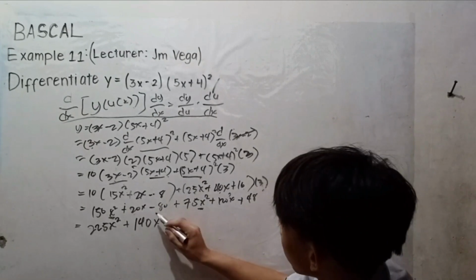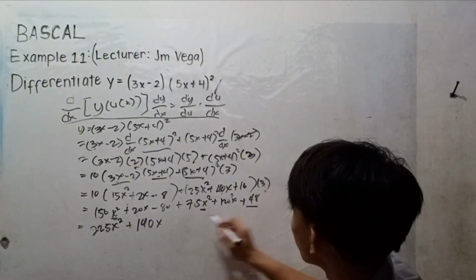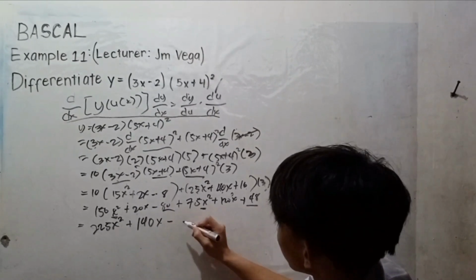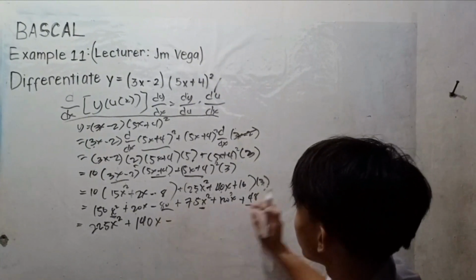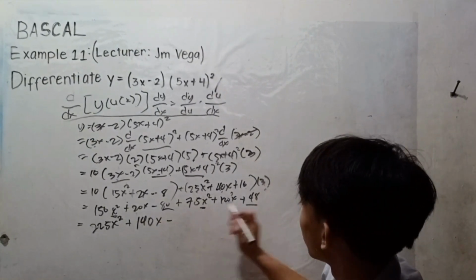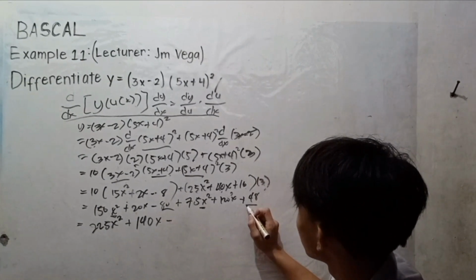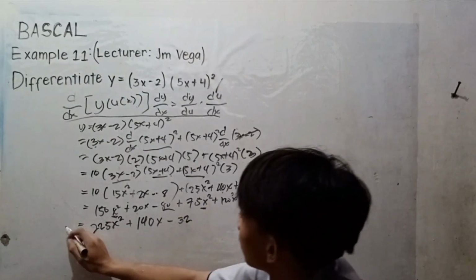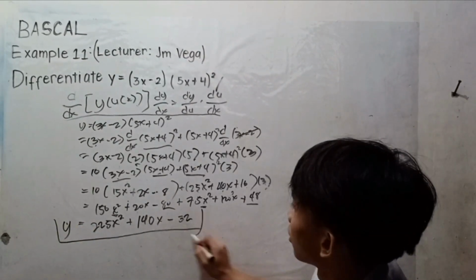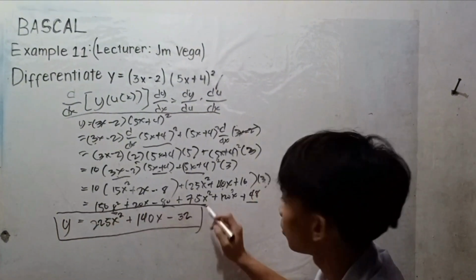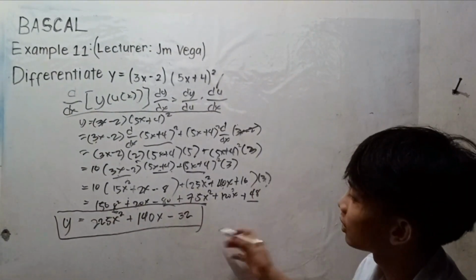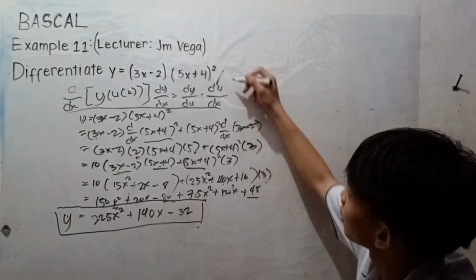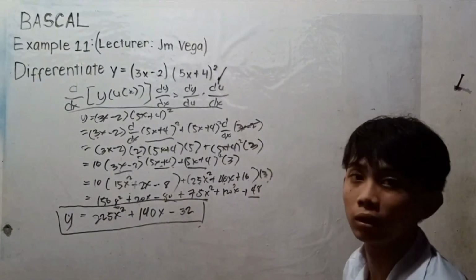And after that, the whole numbers: we have negative 80 and 48, so that is 48 minus 80, which is negative 32. And since this is the answer, it is just this simple to find the derivative of a product of two binomials. That's all.